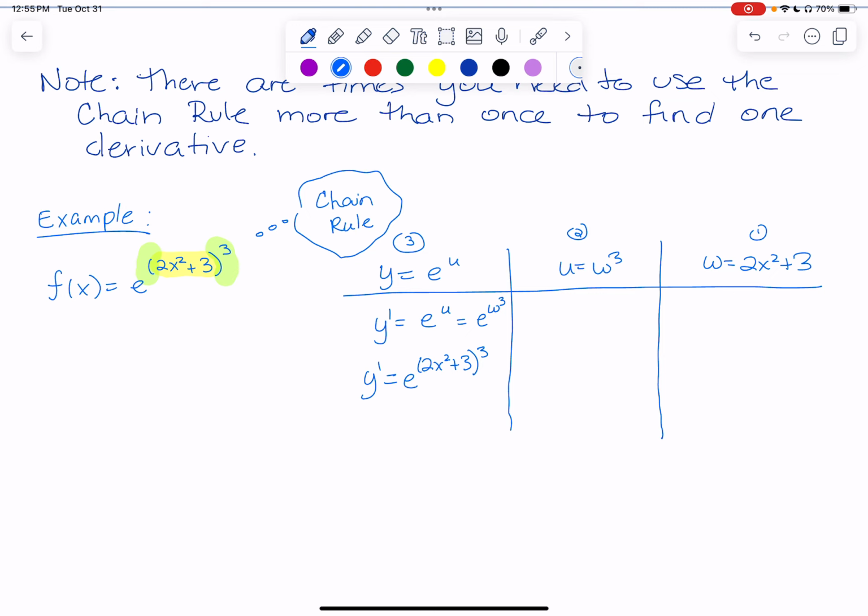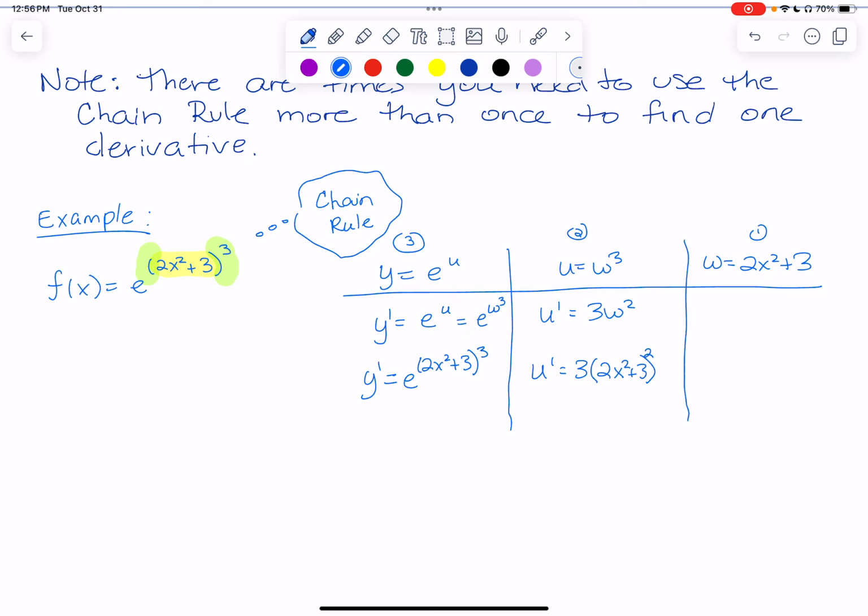You can see that one didn't actually change from my original function. Now my derivative of u is equal to 3w squared. Again, I don't want a w hanging out, so my derivative of u is equal to 3 times 2x squared plus 3, all squared. Almost out of room there. I'm going to move it over just a tad so we have some room here.